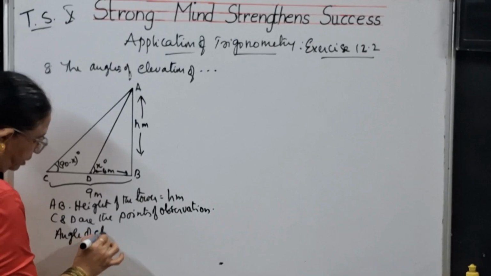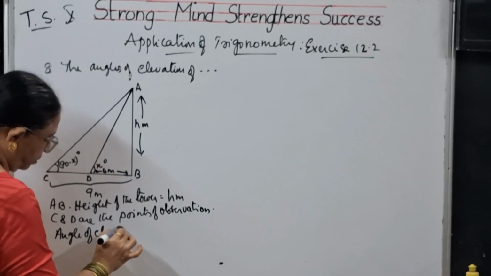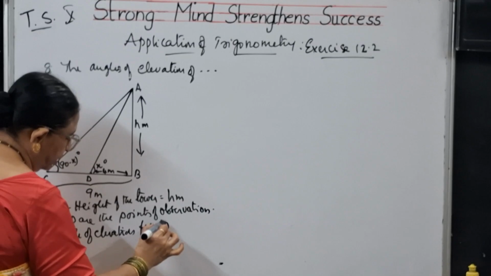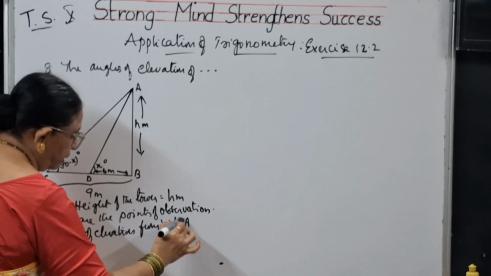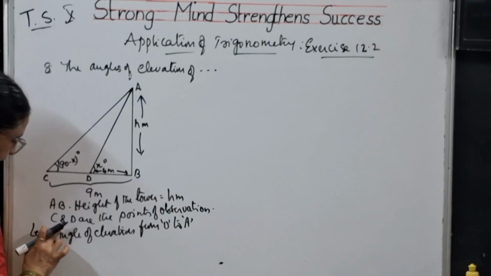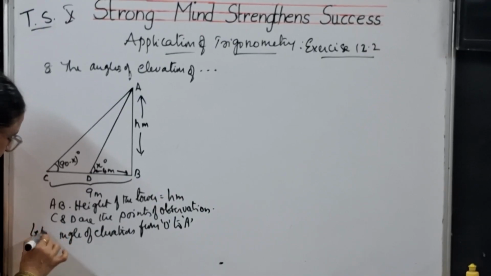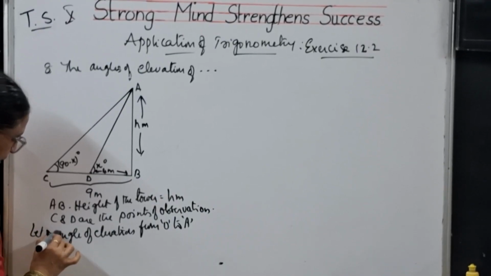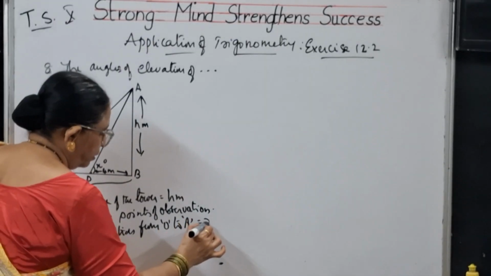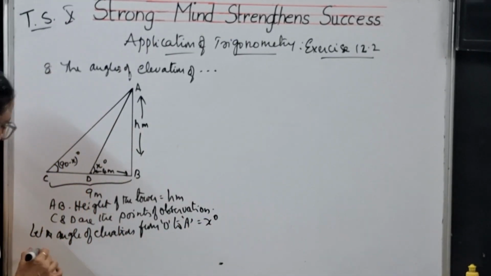The angle of elevation from D to A is equal to x degrees.